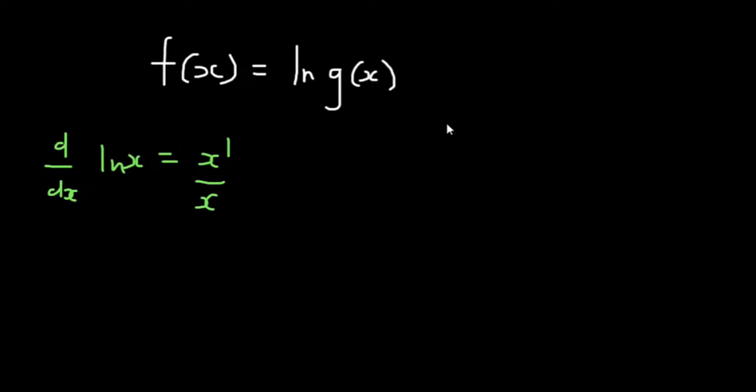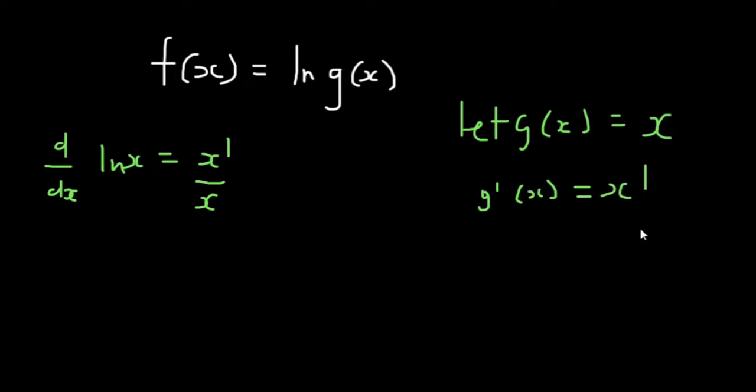So let g of x be equal to x. Then if that's the case, g prime of x will be equal to x prime. So this is all we need for our answer.